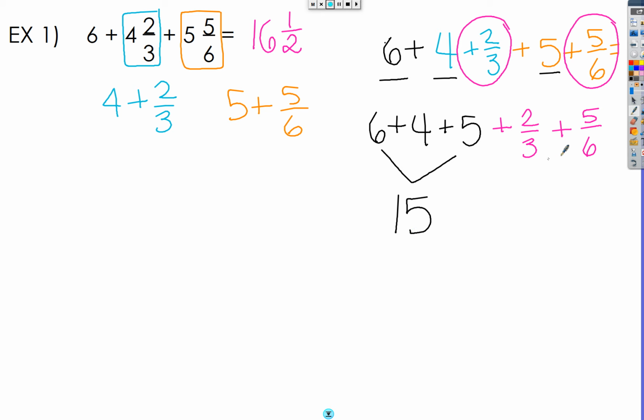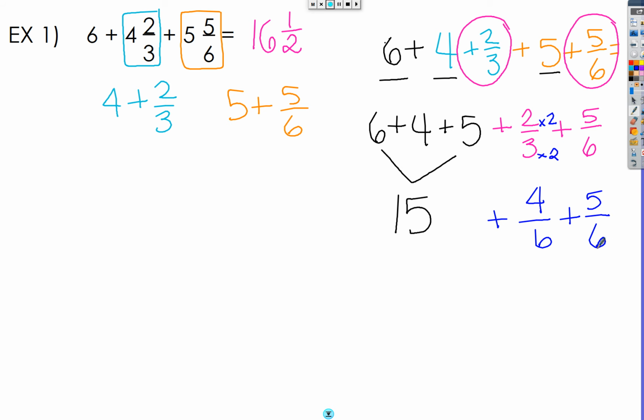And then this is where I would need to get a common denominator. And so to add my fraction pieces together, I need to multiply by 2 because that would give me 6. So this is actually an easy one to get a common denominator for. So 2 times 2 makes 4 out of 6 plus 5/6.